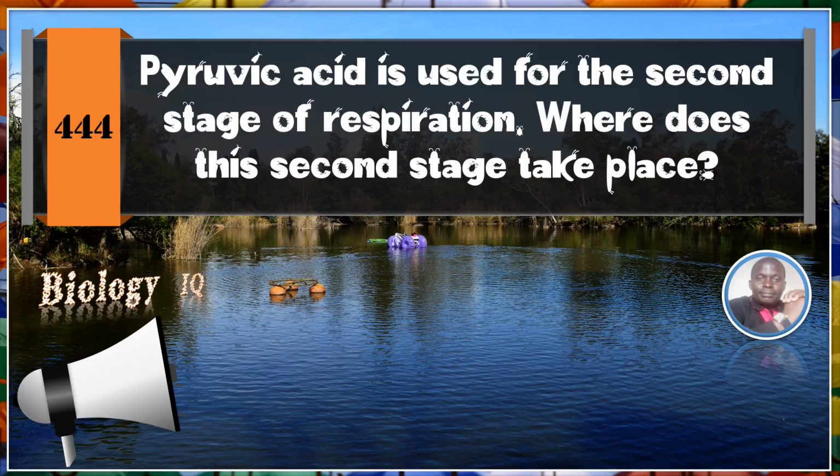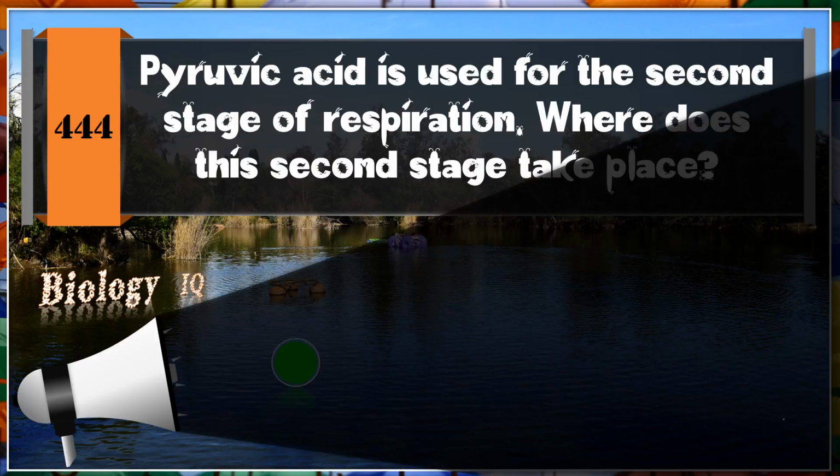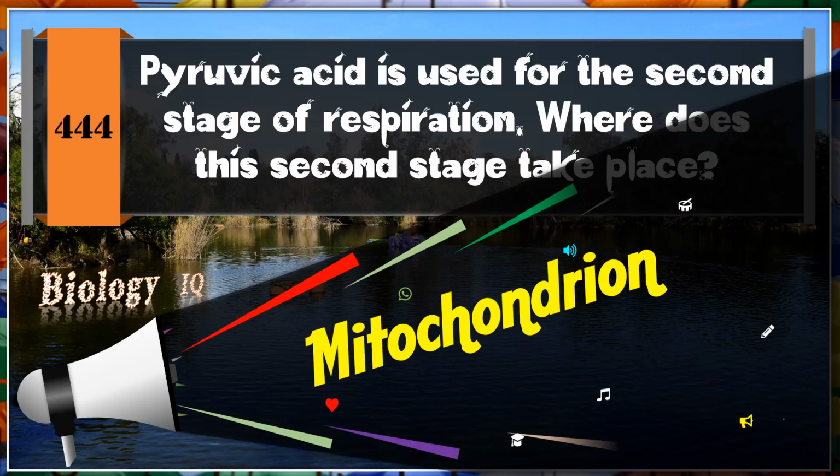Pyruvic acid is used for the second stage of respiration. Where does this second stage take place? Mitochondrion.